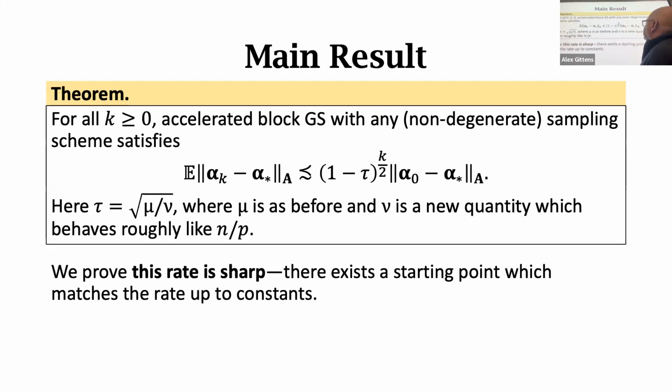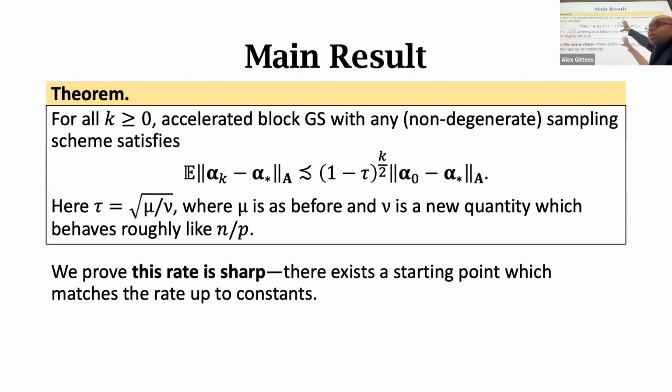And this is tight: there does exist a starting point where this matches the rate up to constants. This rate is given by that same condition number we saw before that depends on the sampling scheme, and then this new factor, which behaves roughly like n over p.